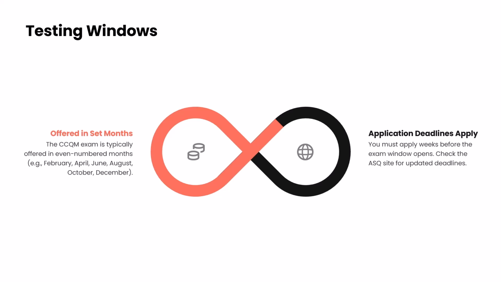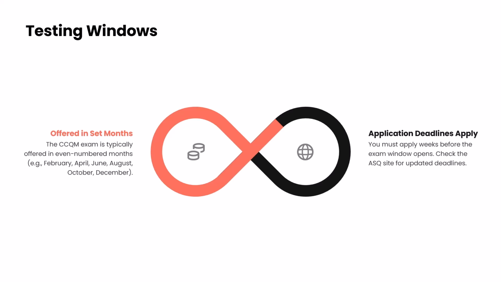One set of exams happens in the even-numbered months, and one set in the odd-numbered months. For example, some exams will happen in January, March, May, and so on. Whereas the CCQM exam happens in the even months, for example February, April, June, August, October, and December.